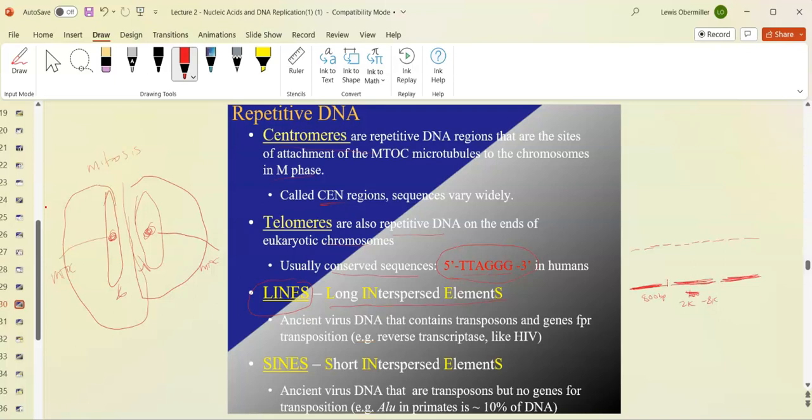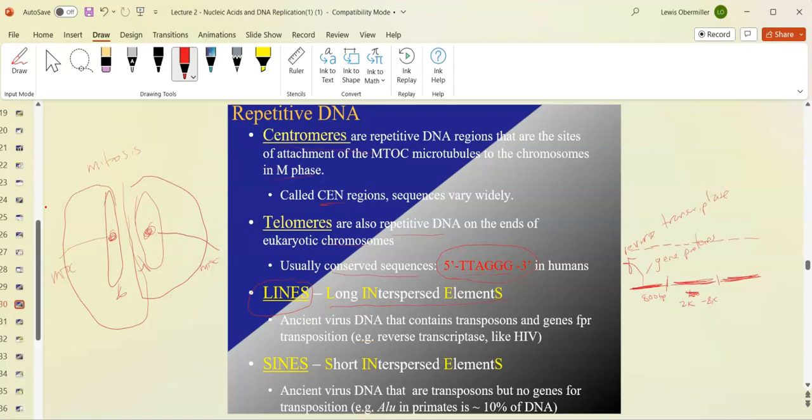These are usually old viruses that contain genes that make gene products, like proteins. And so they can code for things like reverse transcriptase, which allows them to move around inside the cell.